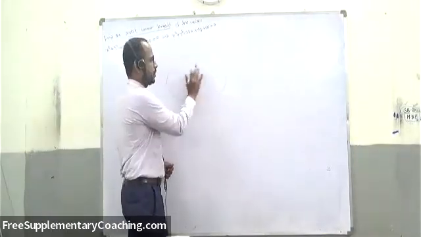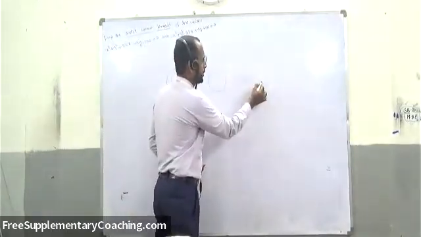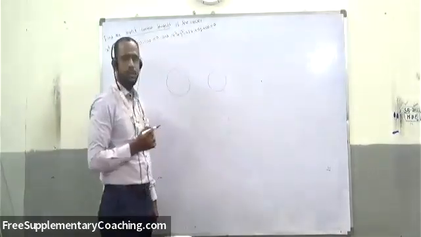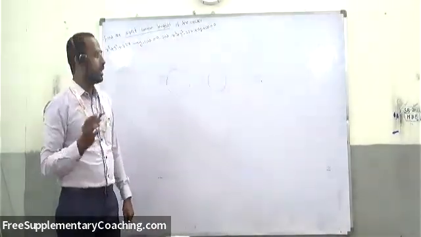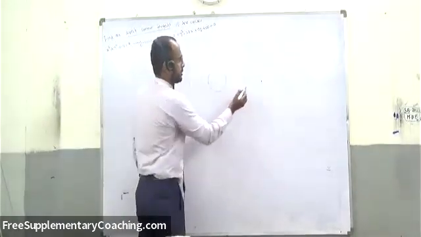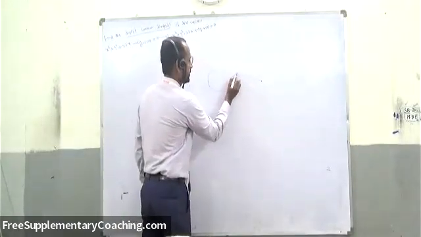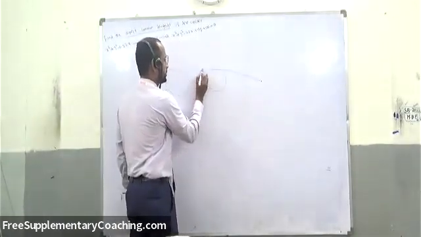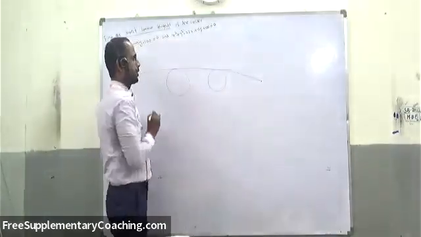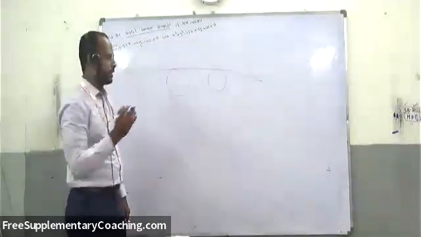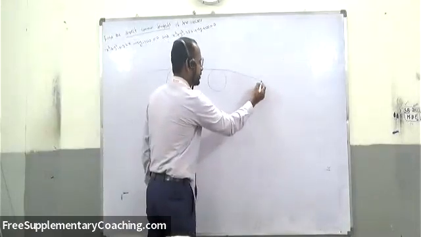Somewhere outside the circles, there is a point. If I draw a line like this, this is a line. Again, from here also I can draw.